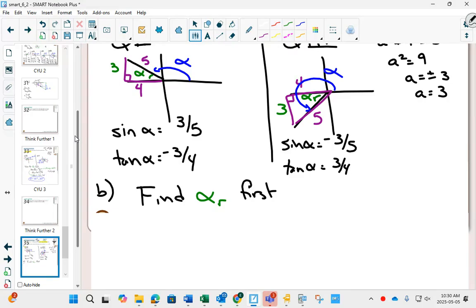Since I know all of the sides, I could use sine, cos, or tan. Probably what I would do is use cos because the purple numbers are the ones that were given to me. Even though it's a 3, 4, 5 triangle, you could use sine or you could use tangent. It doesn't matter. But I can set up my cos one again.